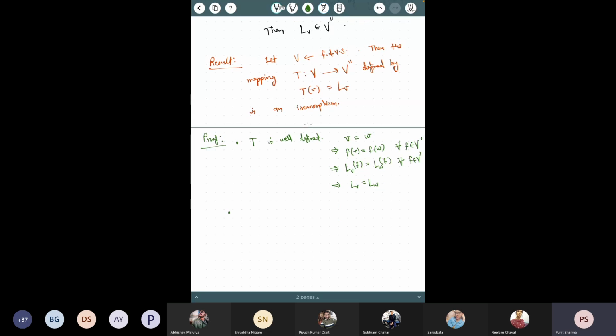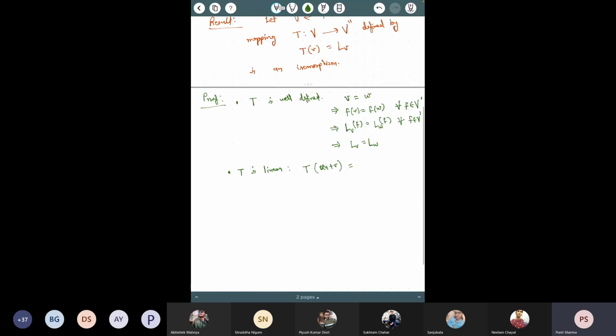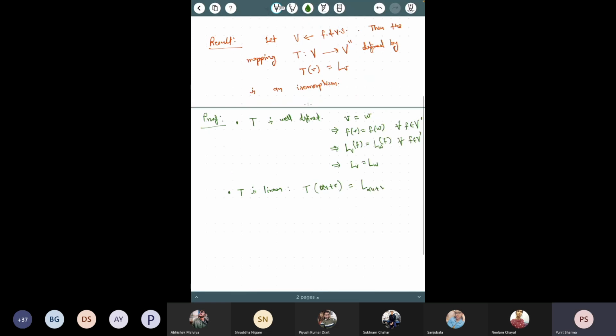Next, check that T is an isomorphism. For this, first check that T is linear. For checking that T is linear, we just use the definition of linearity. So you take, let's say, alpha u plus v. Then by definition it would be L of alpha u plus v.